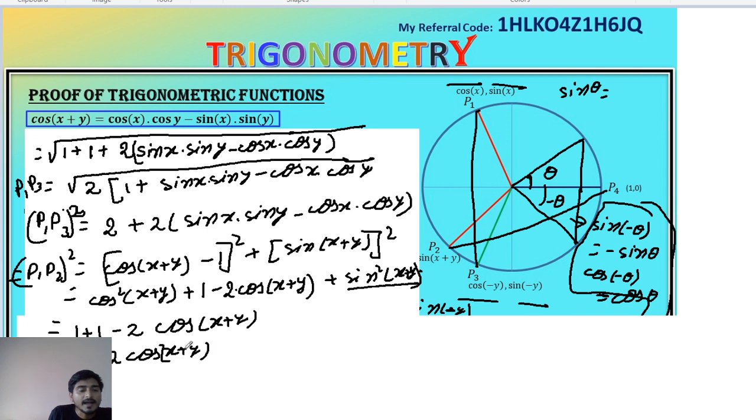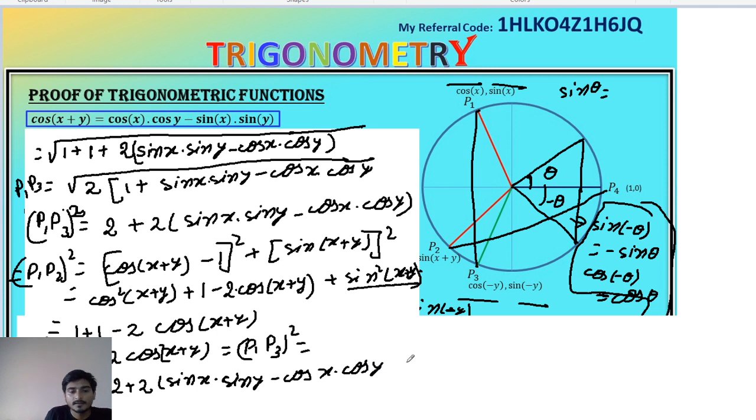But as we have already seen that this is nothing but p1 p2 whole square, that is also equal to p1 p3 whole square, so from this both we can see that 2 plus 2 sine of x sine of y minus cos of x into cos of y is equal to 2 minus 2 into cos of x plus y.